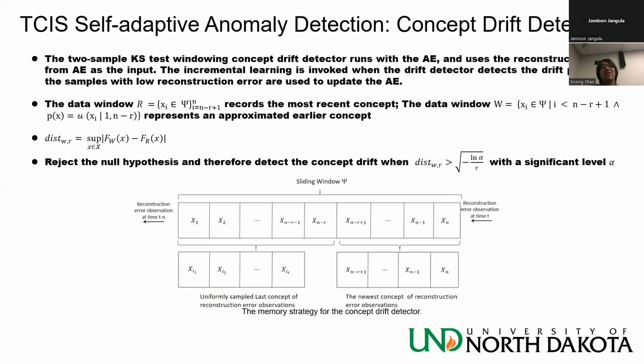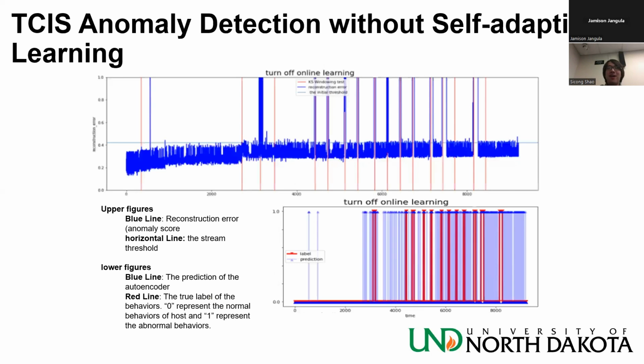So it's really difficult to do incremental learning at every time step, every second. So we need concept-drift detection, so that we do the self-adaptive learning only when drift is detected. Here the KS 2-sample test is very important for this purpose.